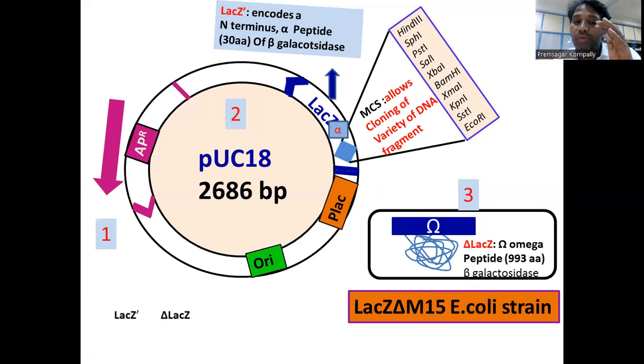So whenever you transform this pUC18 carrying the LacZ region into the LacZ delta M15 E. coli strain, then that bacteria can form a functional beta galactosidase. And how do you know the functional beta galactosidase forms? If you grow that bacteria in the presence of X-gal, it forms blue color colonies.